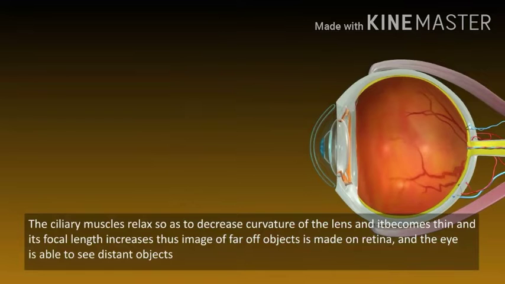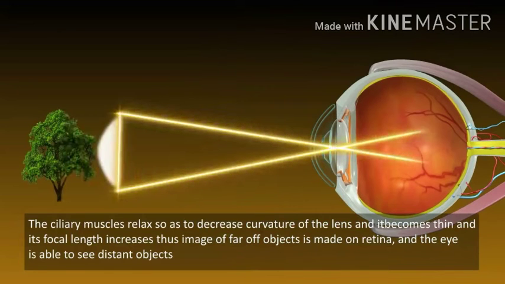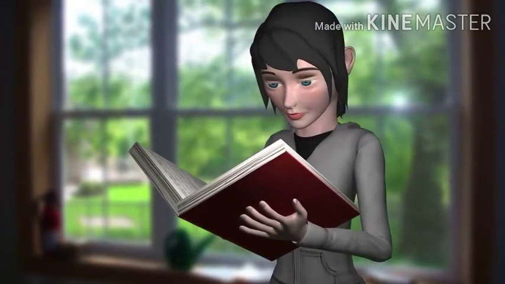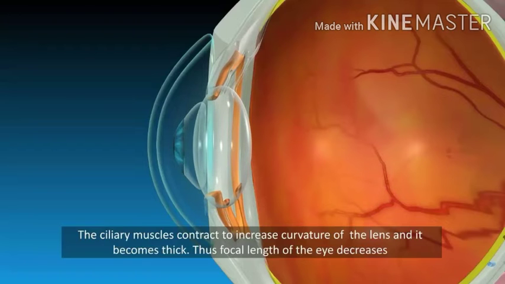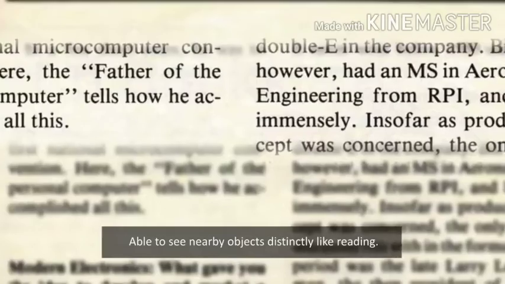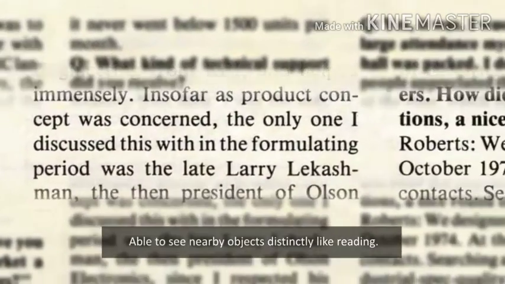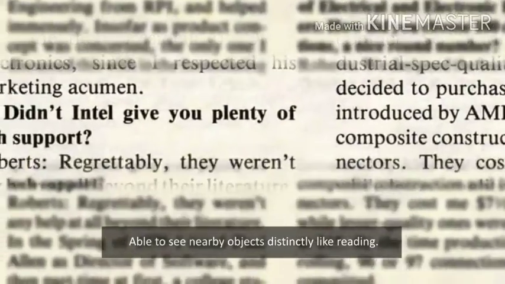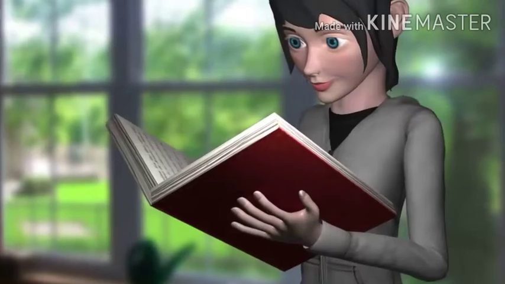Thus, image of far-off objects is made on retina and the eye is able to see distant objects. To see nearby objects, the ciliary muscles contract to increase curvature of the lens and it becomes thick. Thus, focal length of the eye decreases and it is able to see nearby objects distinctly, like reading.